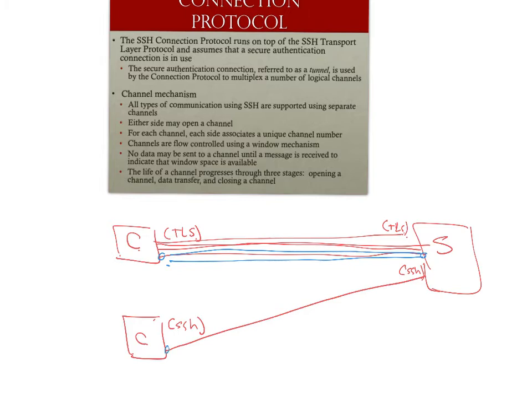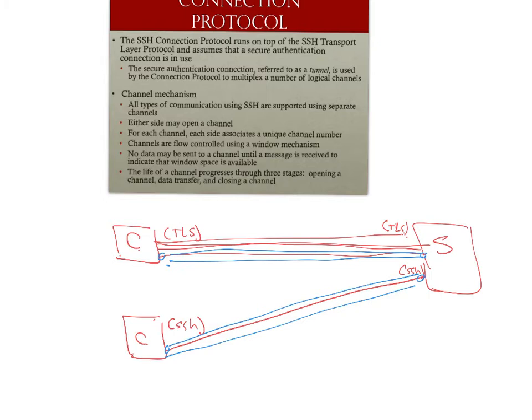Which is done again as part of a tunnel, right? Inside this connection, if we have different interactions with the server, we have to have different interactions with the server. For example, you are communicating with the SSH server in order to download 100 files. Some of these are interactions with the server.